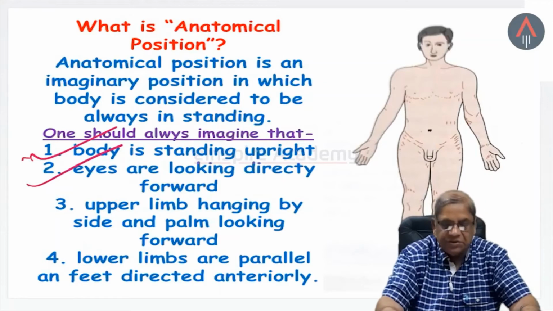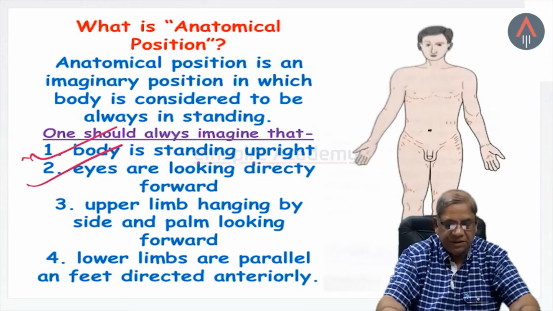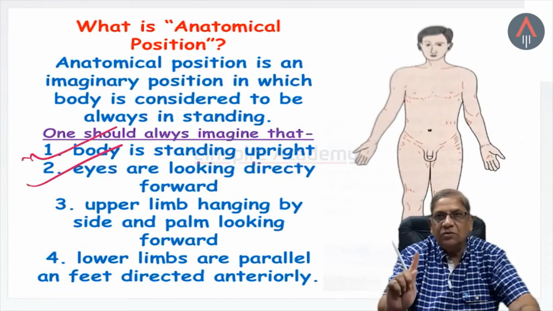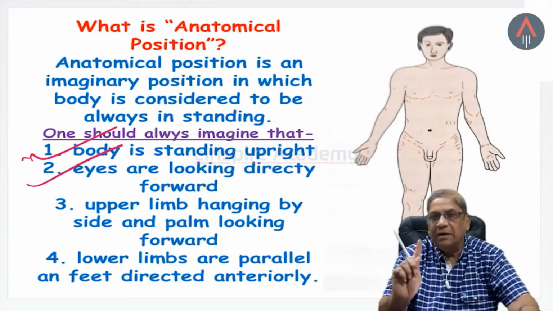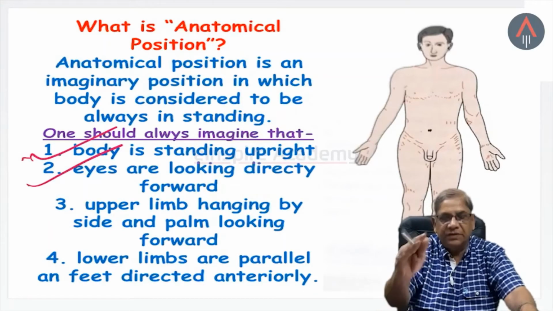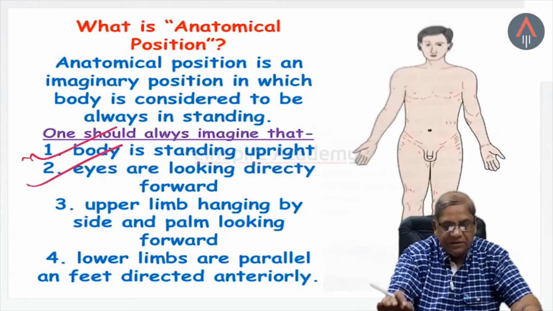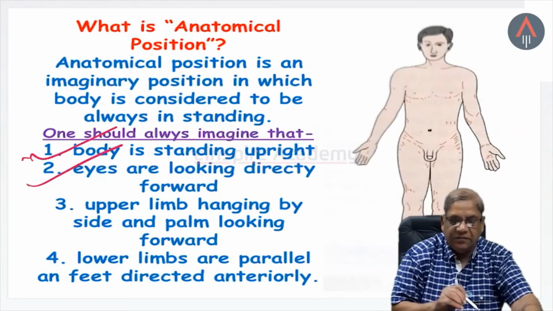The second important condition for anatomical position is that his or her eyes are looking directly forward. That means if you are standing in a room, you should look at the wall on one side, where you are looking. So your eyes should look directly forward, not to the sides or anywhere.